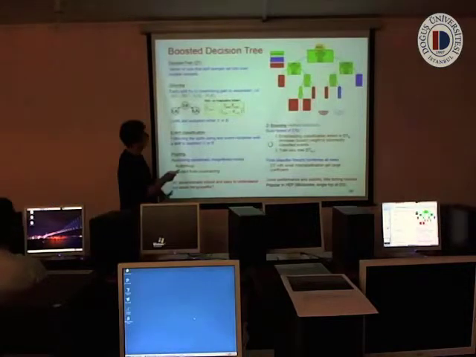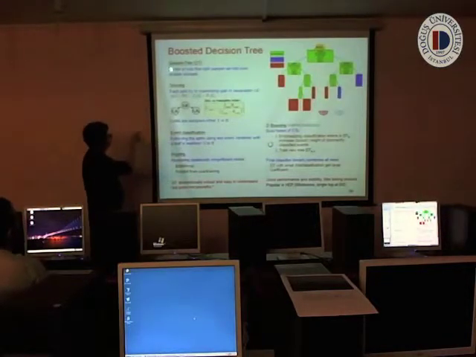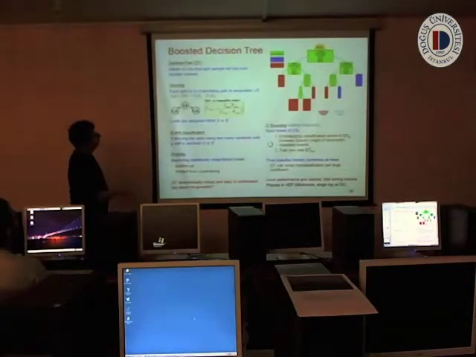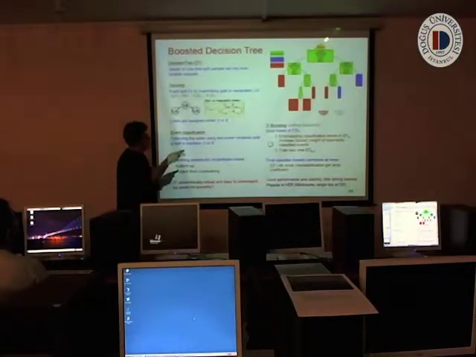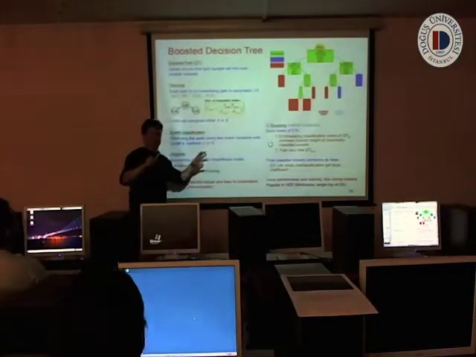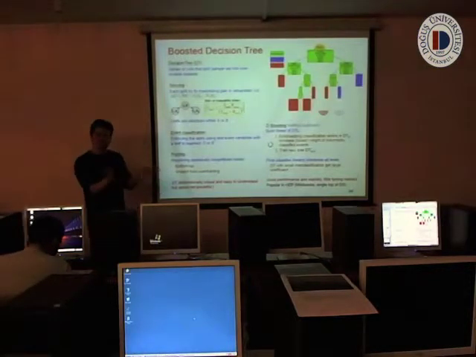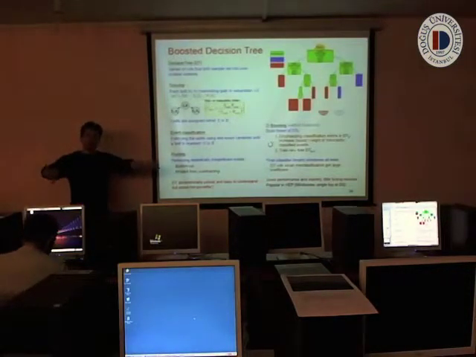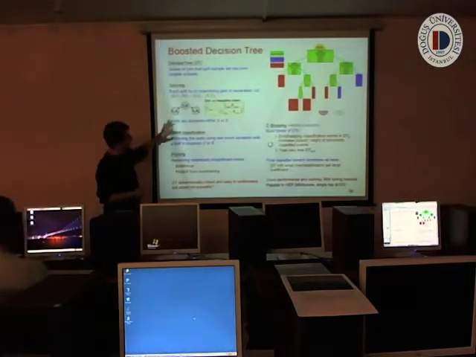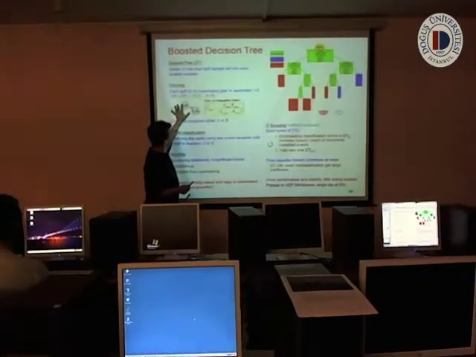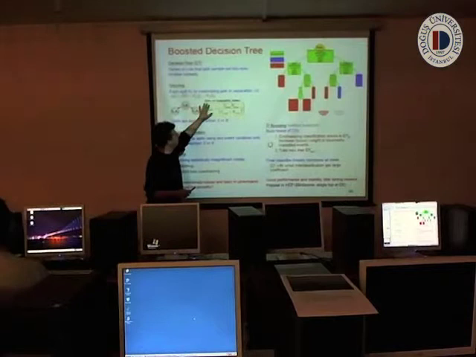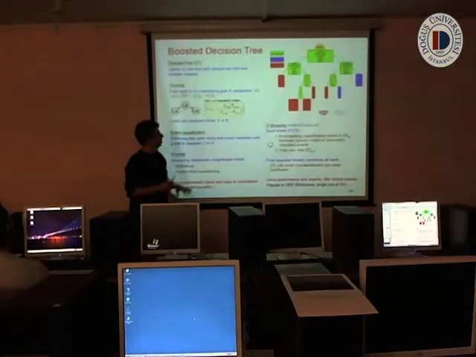Okay, so it's not so animated as I would have liked. So a decision tree is just, you take all the events that you have in a Monte Carlo sample, you find, okay, which of the variables separates signal from background the best. And by best separation, you look at something that is called a Gini index, which is also called an inequality index.